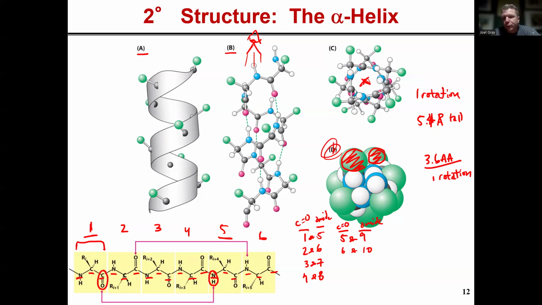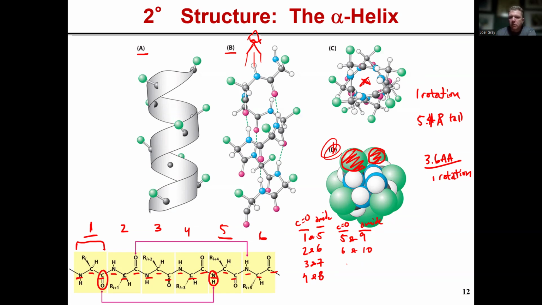Now, when you conclude an alpha helix, you're going to have amino acid residues that only hydrogen bond with one amino acid or one backbone. So this might be where that alpha helix kind of concludes. 6 and 10.